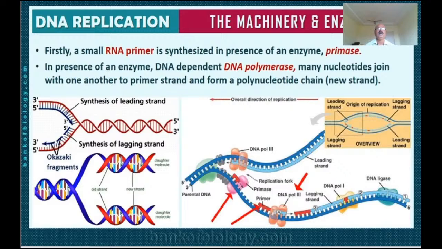Firstly, a small RNA primer is synthesized in the presence of an enzyme called primase. In the presence of the enzyme DNA-dependent DNA polymerase, many nucleotides join with one another to the primer strand and form a polynucleotide chain, that is the new strand.